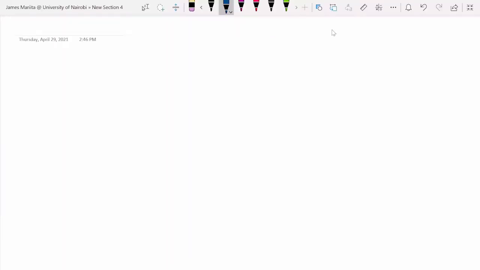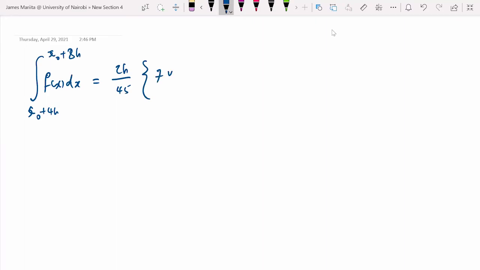We get now the integral from x naught plus 4h to x naught plus 8h. Again, this will be equal to 2h over 45 times 7y4, 32y5, plus 12y6, 32y7, plus 7y8.